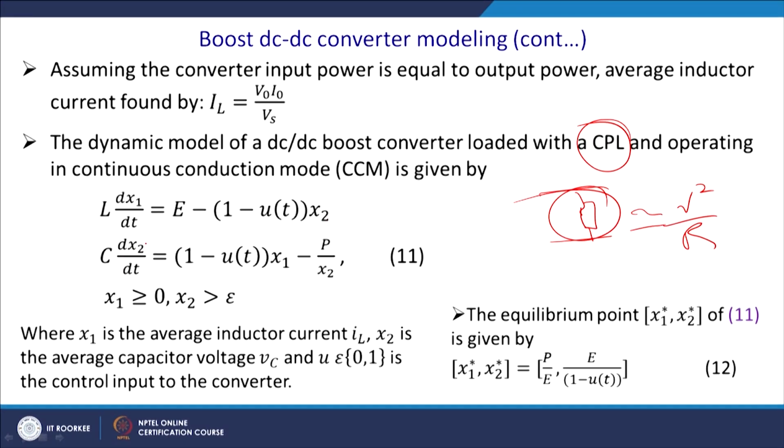Similarly, C dx2/dt, similarly for the other parameter, for the continuous current mode, it will be (1 minus U) into x1 minus P by x2.